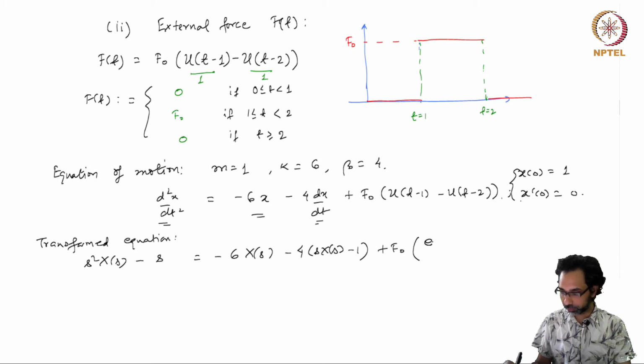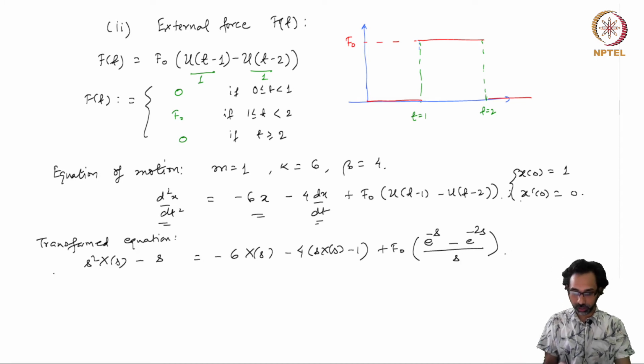So the first term will give you e to the power minus s over s, and the second term will give you e to the power minus 2s over s, and so we can simply write it as e to the power minus s minus e to the power minus 2s over s. And now we can collect the terms with Xs on the left side.